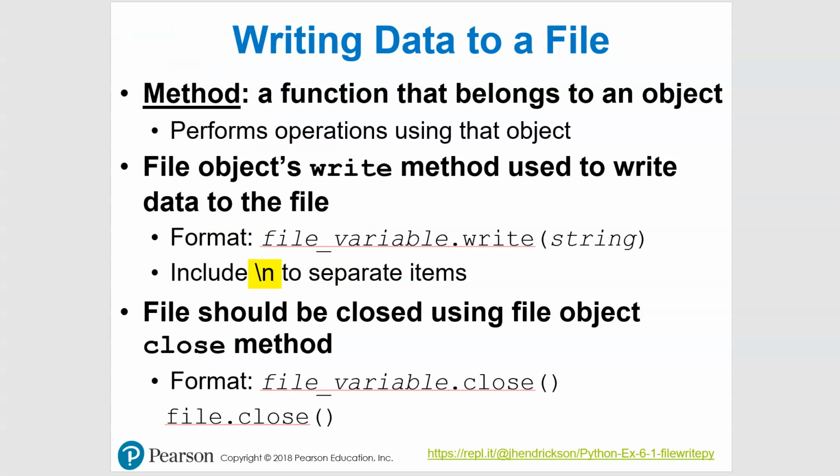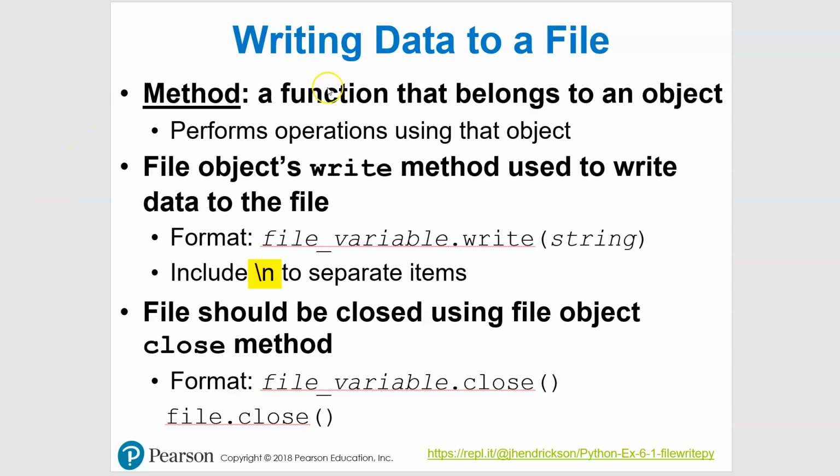So let's go ahead and take a look at how you're going to write data to a file. When we're talking about how we're going to get this data back to the file, how you're going to write it in there, we're going to use a method.